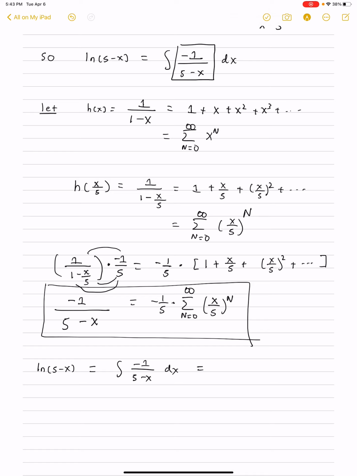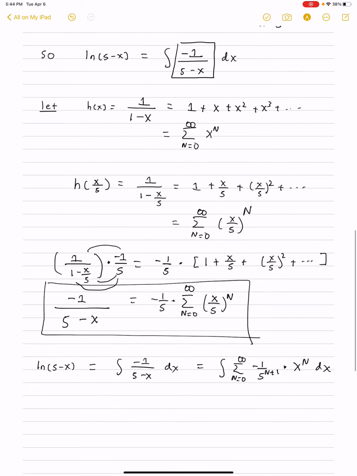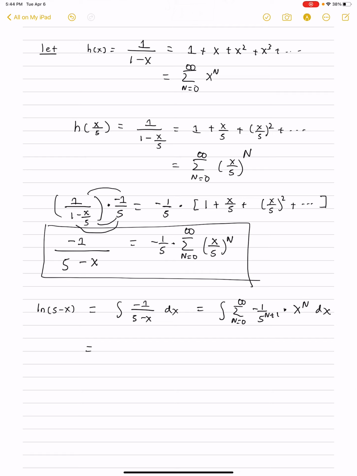But now I can take the integral of each term here. The integral of the summation from n equals 0 to infinity of minus 1 over 5 to the n plus 1 multiplied by x to the n dx. Now if I integrate this term, well, the x is the only term that gets integrated.